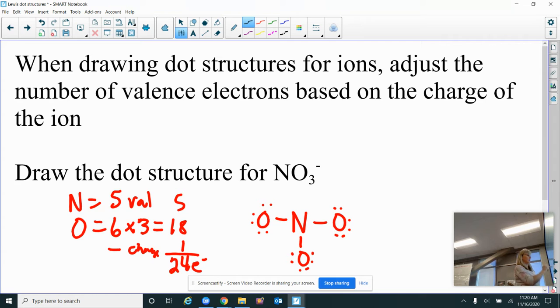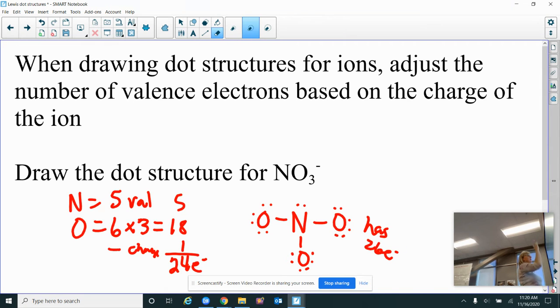So oxygen now has 8 on each, but then nitrogen would need 2 more. And so that would be 24 plus 2 more. So that has 26 electrons. So that can't be right. It can't just be all single bonds. I'm off by 2, so that means one of those is a double bond.